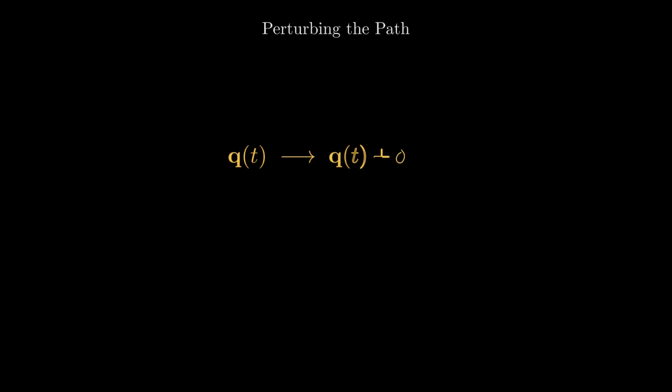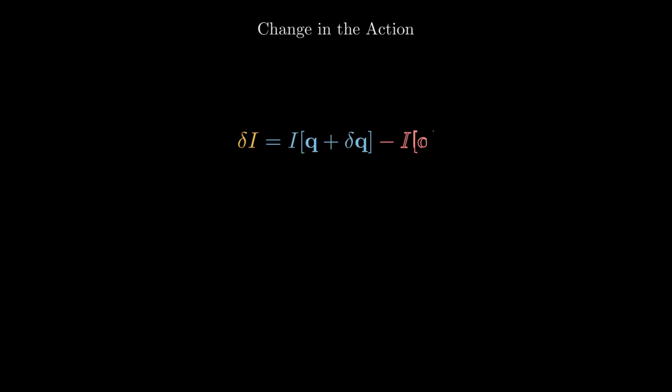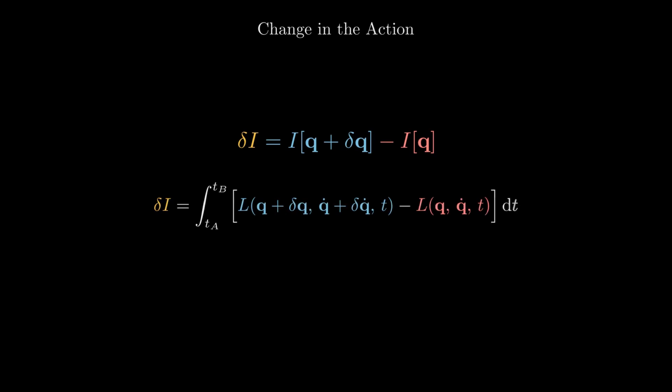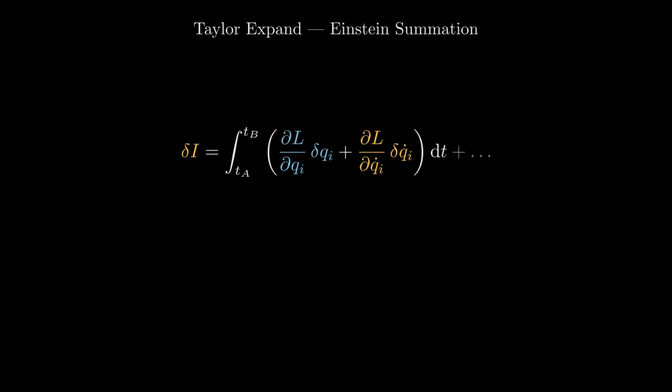We'll denote the small change delta q(t), and we'll enforce that it is 0 at our start and end times, so that we don't change the start and end point of our perturbed path. Now delta I is I[q plus delta q] minus I[q], which becomes this integral. This is a function which has had a tiny change minus the original function, so we can use Taylor's theorem here as well, now in multiple variables, to expand this.